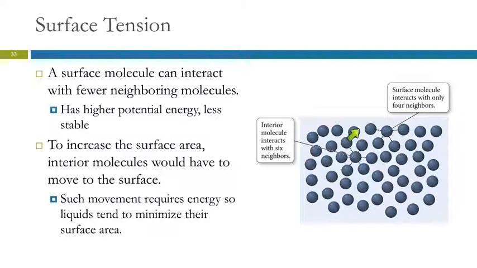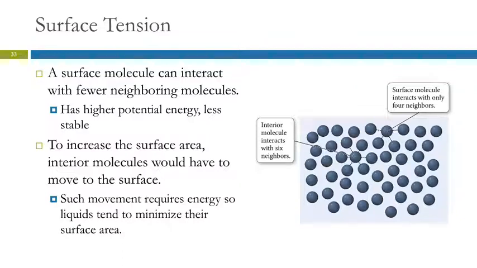If we want to increase the surface area of this liquid, we have to push aside the surface molecules, and some of the interior molecules would have to become surface molecules. They would have higher potential energy, and that's going to be less stable.